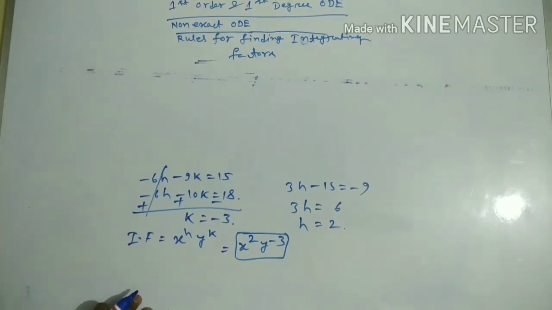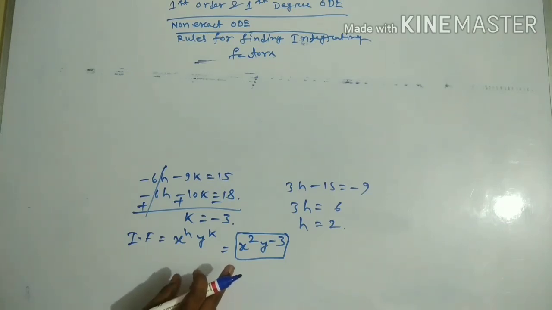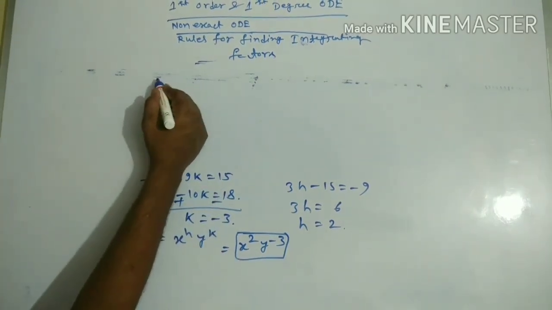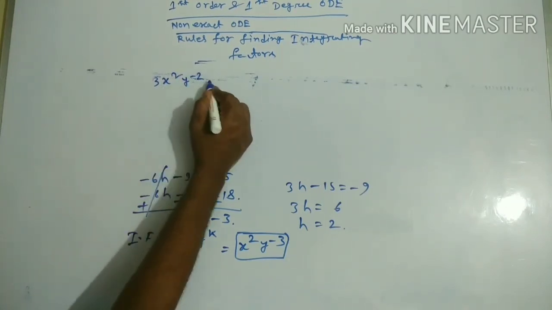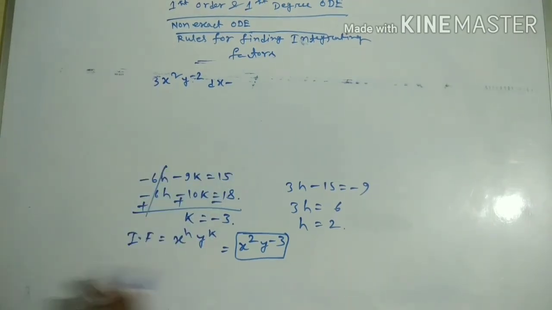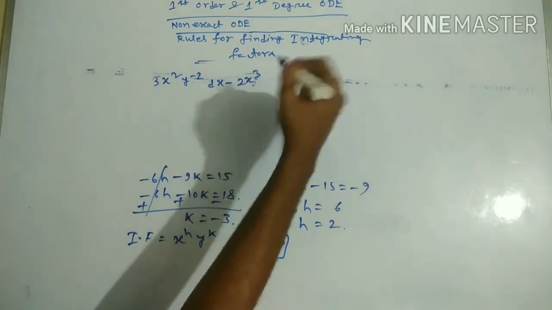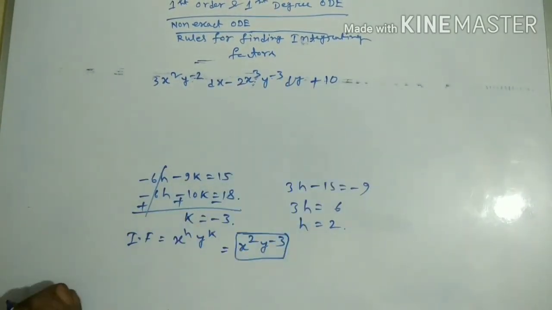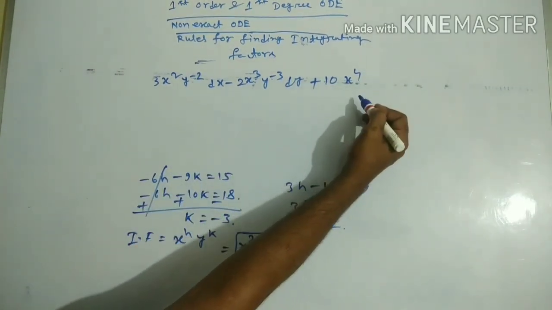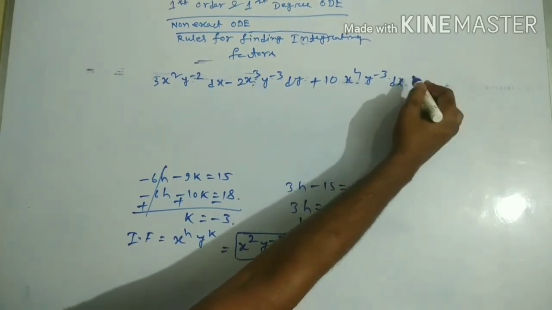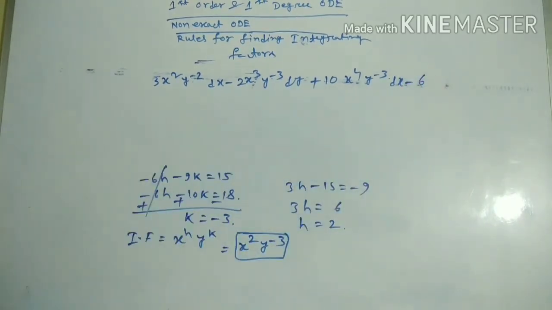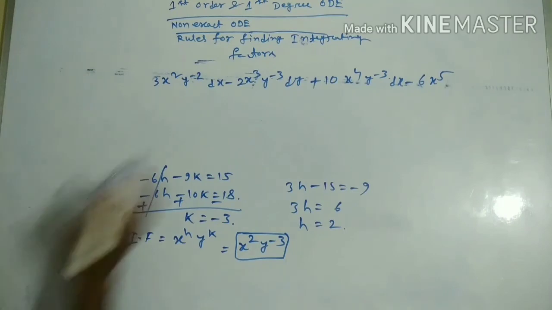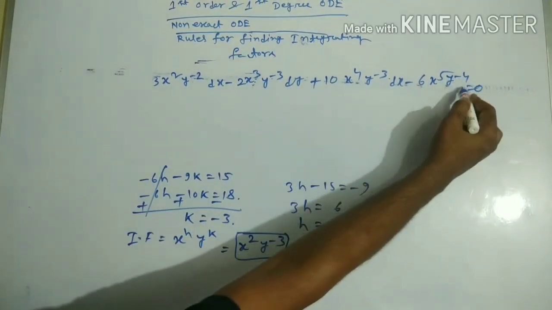So after multiplying the given equation by x square y to the power minus 3, this will be 3y into x square y to the power minus 3, that is 3x square y to the power minus 2 dx, minus 2x dy multiplied by this, that is 2x cube y to the power minus 3 dy, plus 10 x to the power 4 y to the power minus 3 dx minus 6 x to the power 5 y to the power minus 4 dy equal to 0.